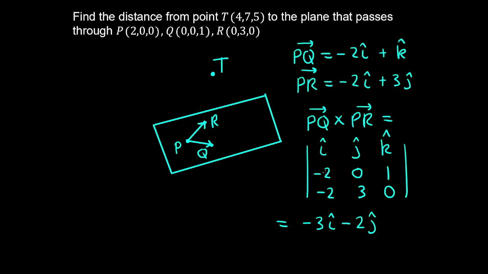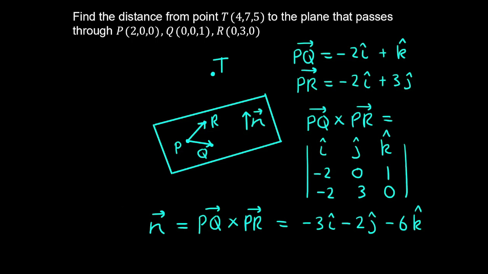And for the k component, we have minus 2 by 3 minus 0 by minus 2, which is minus 6 in the K direction. So if you take the dot product between this resultant vector and these two vectors, you should get 0. So this here is the normal vector to the plane.